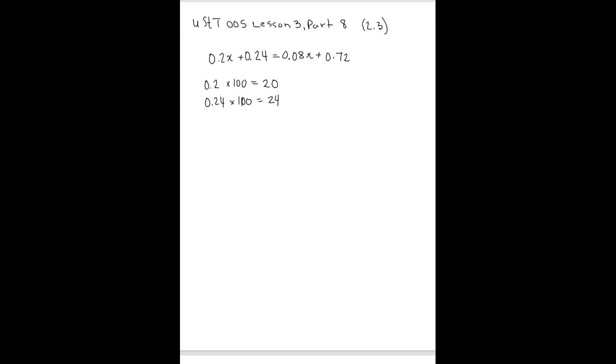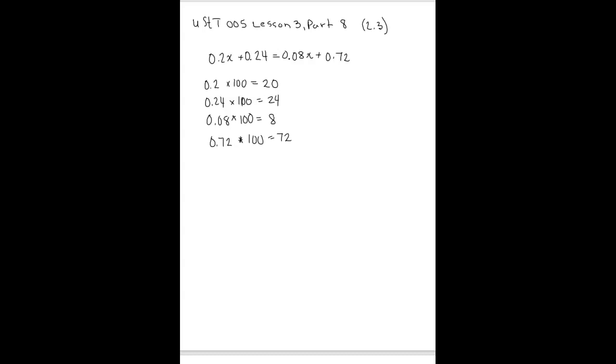I have a 0.08, and that's going to be multiplied by 100 as well, so that's going to give me an 8. And then my 0.72 is going to be multiplied by 100 as well, which means I have a 72. So now, by multiplying everything by 100, I have effectively cleared out all the decimal points. All the decimal points are after our integer, and we can kind of ignore that.